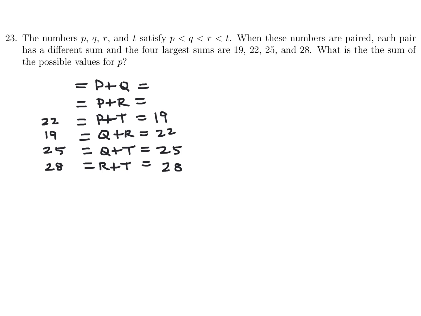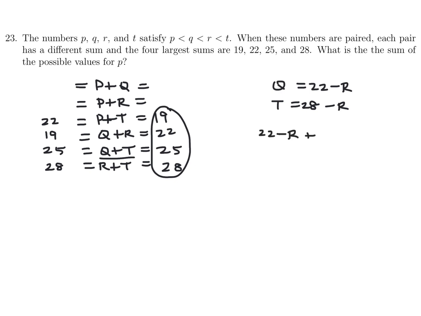It doesn't really matter which way you want to do this, but let's say I look at this scenario. Q would be 22 minus R, and then T would be 28 minus R, and therefore I can plug that into this guy. 22 minus R plus 28 minus R is 25.